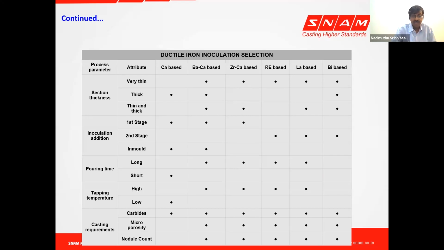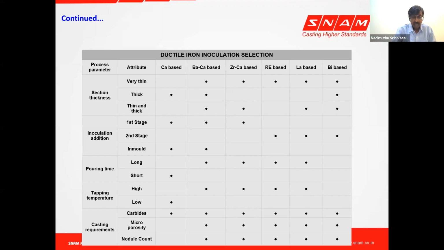In tapping temperature, higher temperature, people doing pouring through the line. Sometimes I have seen, though we advise to keep within 8 minutes, some people pour for 10 minutes. So naturally they would like to up the tapping temperature so that there is no metal that is cold for the last box.